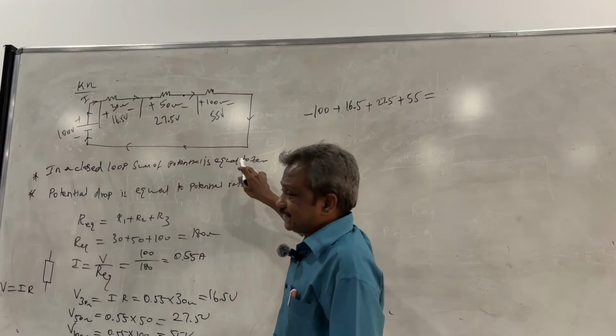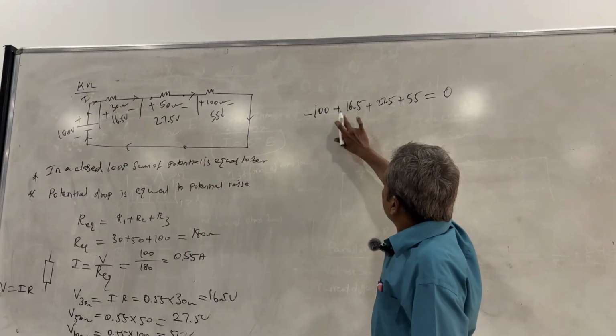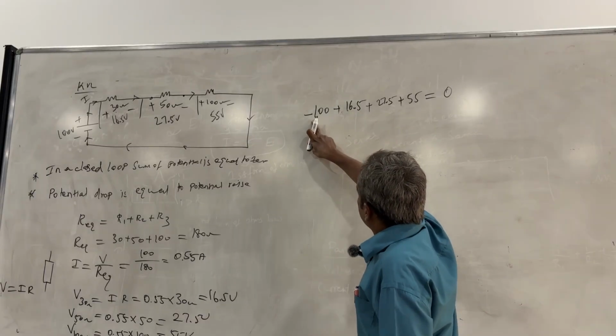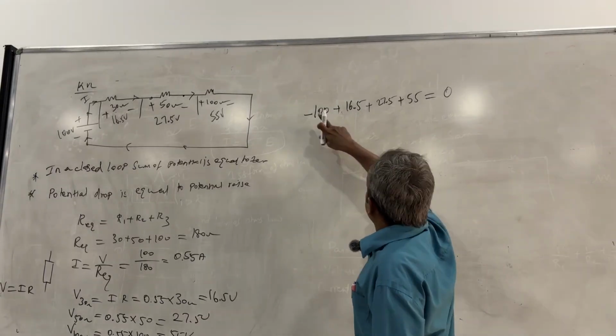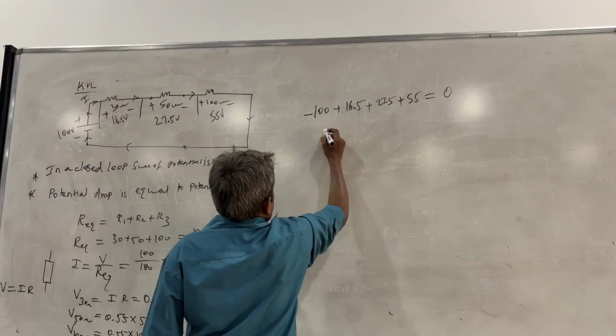The sum of potentials is equal to 0 according to Kirchhoff's voltage law, equal to 0. Now, either you can bring it to the RHS or you can bring all three values into the RHS.